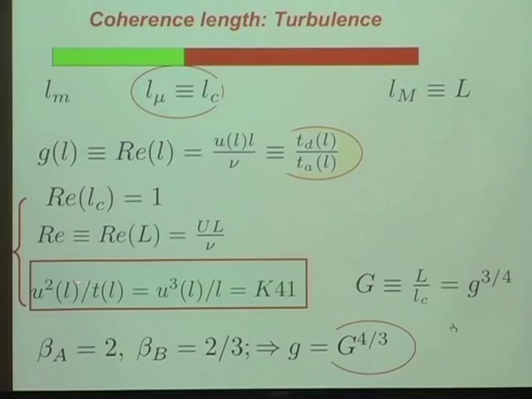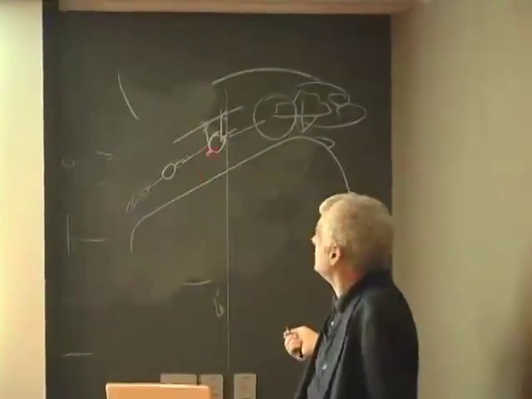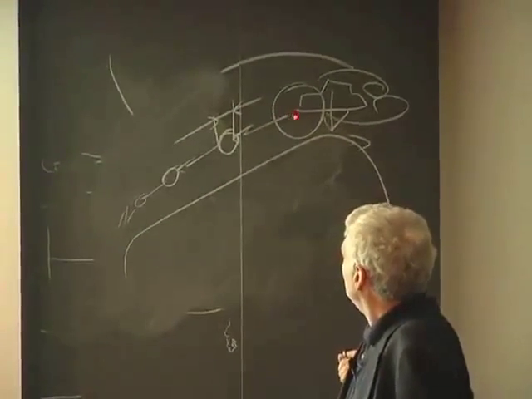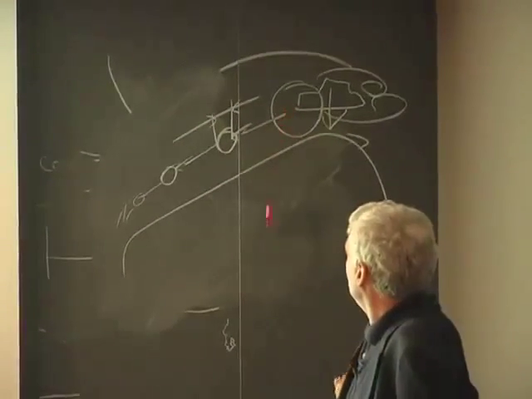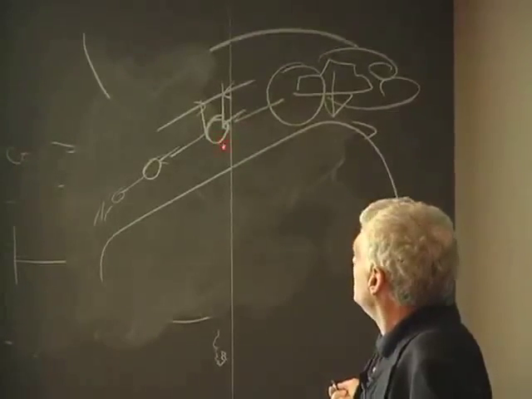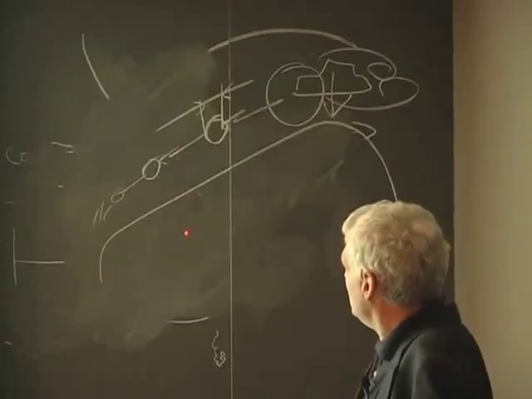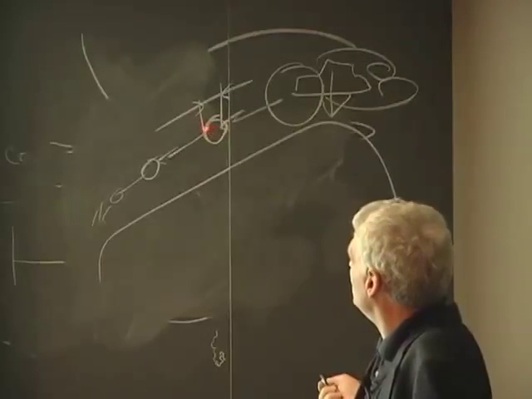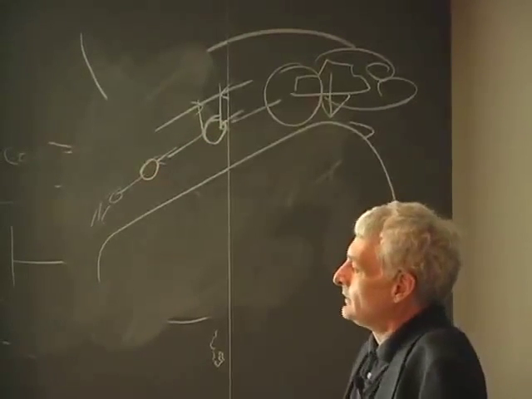So Kolmogorov's idea was very simple. He said, okay, I have an energy flux across the scale, and how about saying that this flux is scale independent? In other words, the amount of energy per unit length which I'm transferring from the big eddy to the intermediate eddy is just the same as the amount of energy flux which I transfer from the intermediate eddy to the small eddy. So the flux is what?